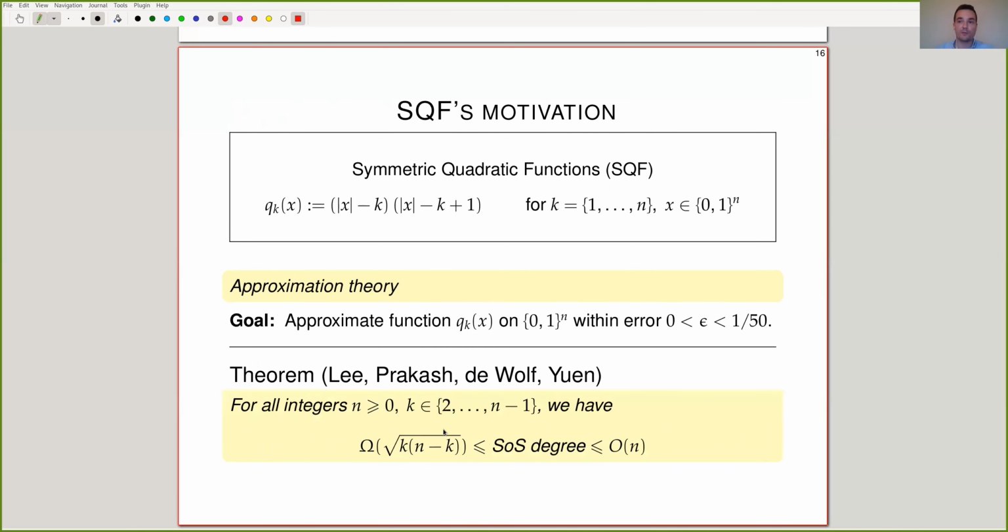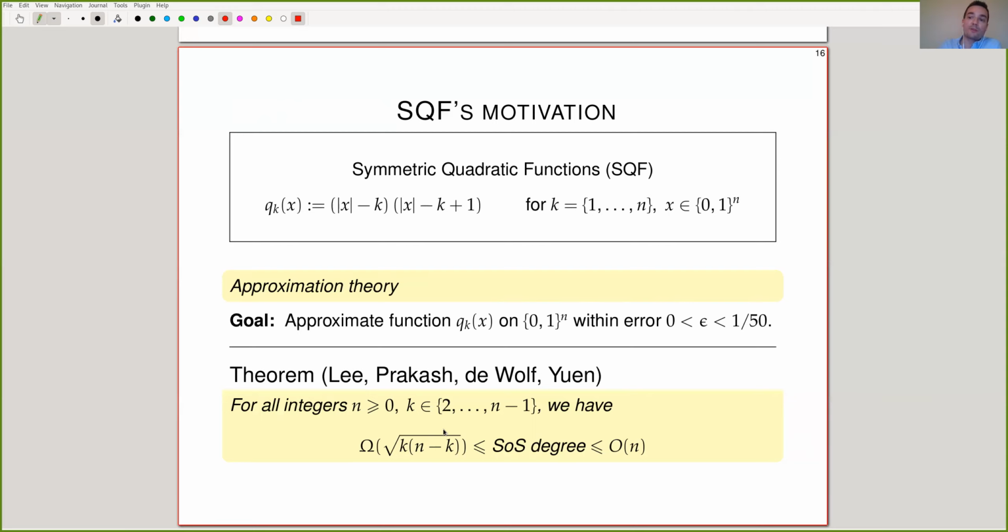And finally, there's also a motivation from approximation theory. Approximation theory would like to approximate a more complicated function with a family of simpler functions. In this case, one could approximate this qk of x with sum of squares polynomials. That was considered in the paper by Lee, Prakash, de Wolf, and Yuen.